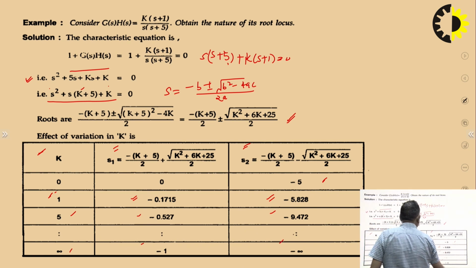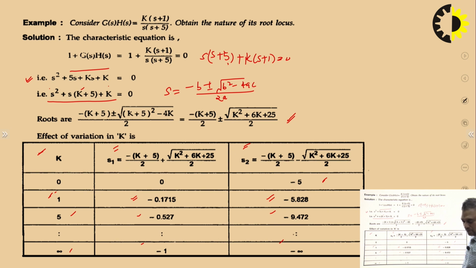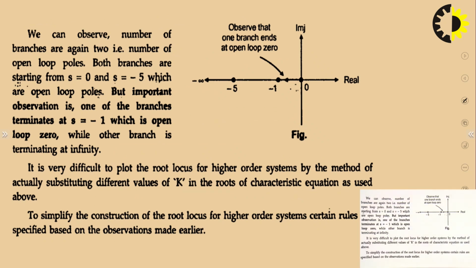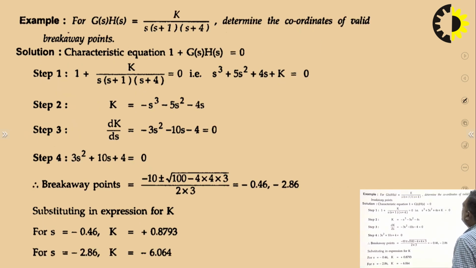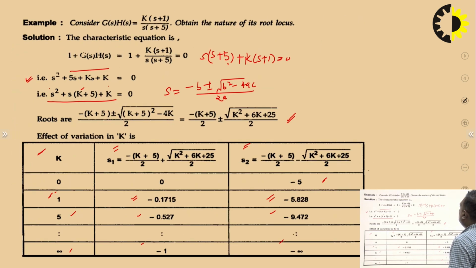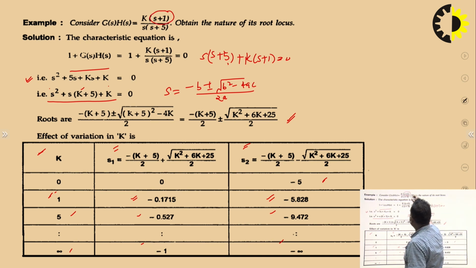Now we are going to plot these values in the S plane. This time there are two roots, so we will draw the movement of these two poles. Here you can see this is your open loop zero at s equals minus 1, and one pole is at s equals 0, another pole is at s equals minus 5.